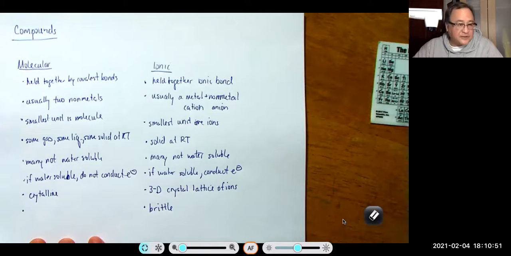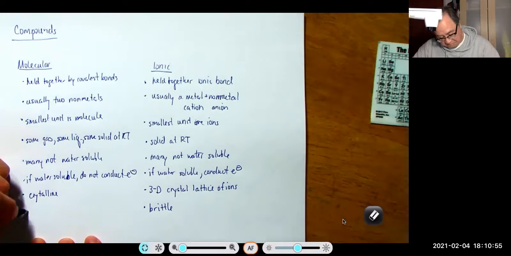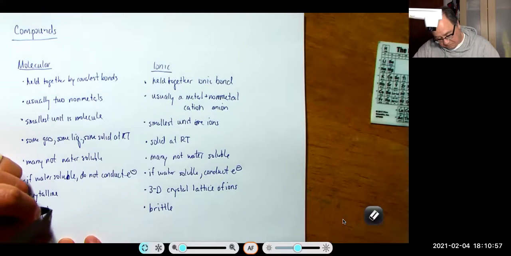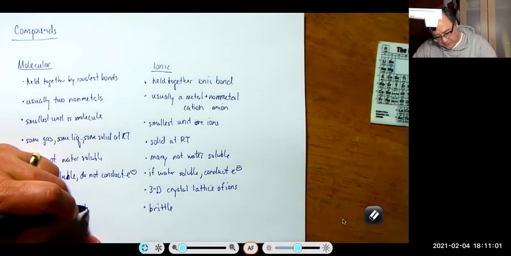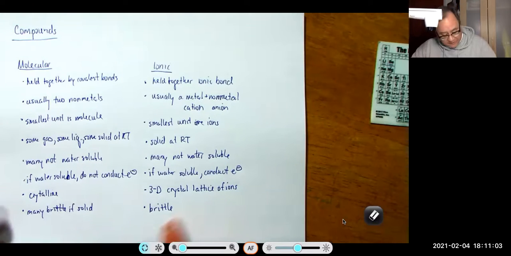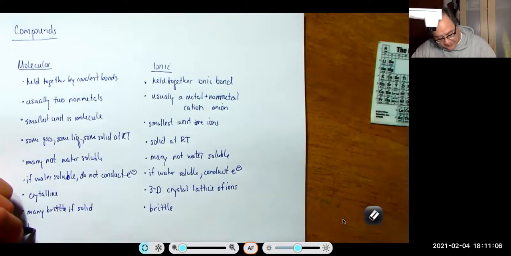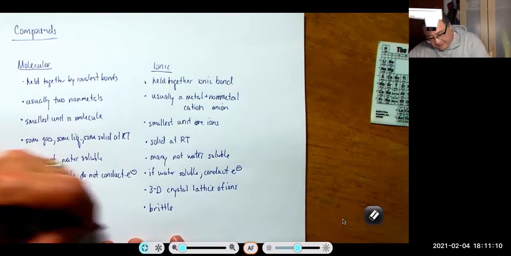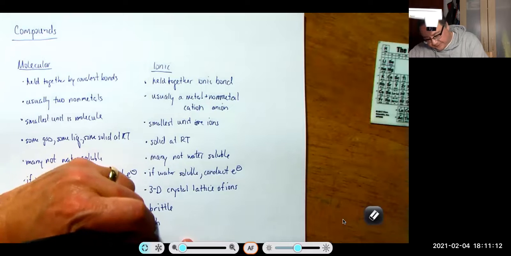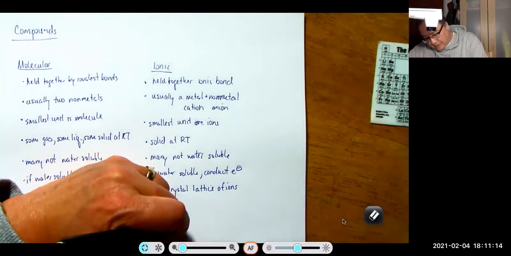And if a solid, many of them are brittle. Two more things here. These tend to have low melting points and low boiling points. And these guys tend to have high melting points and high boiling points.